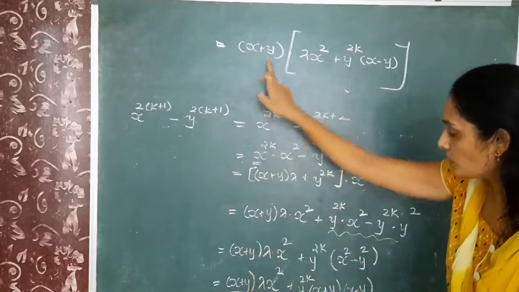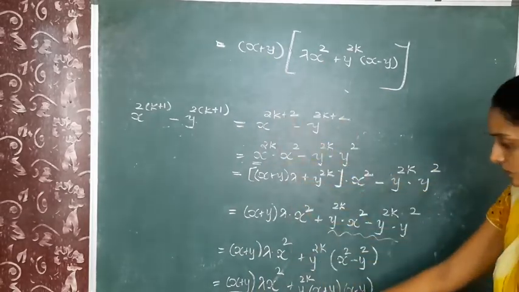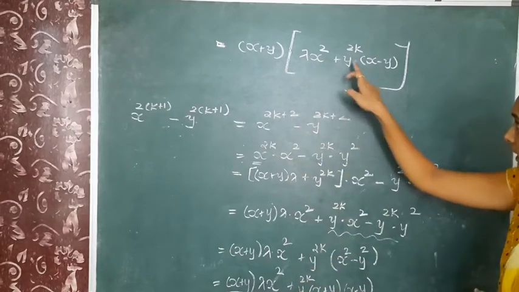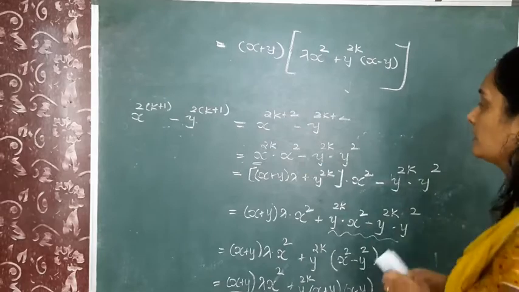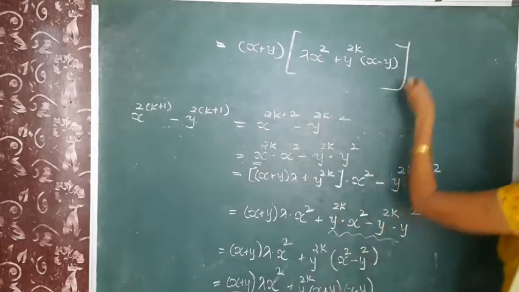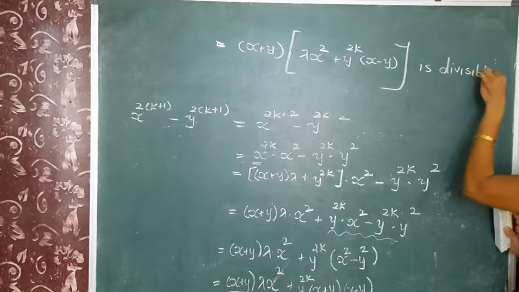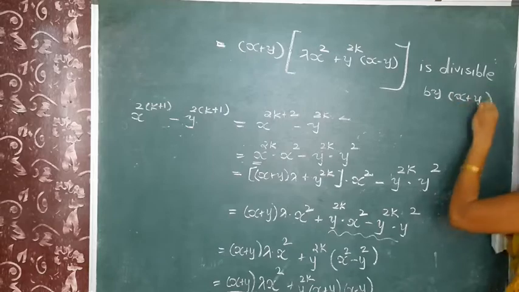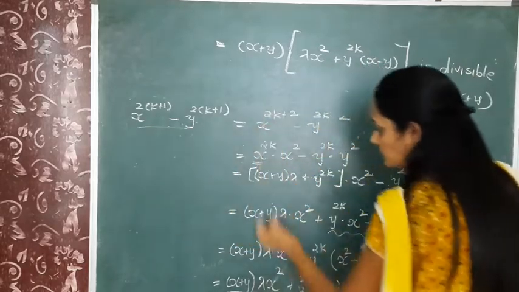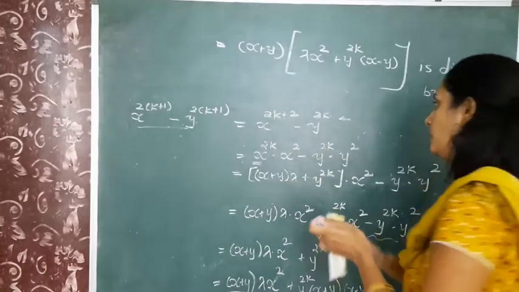X plus y is common, so here only lambda x square, and remaining term is y raised to 2k x minus y. And now we say that it is divisible by x plus y, because by simplifying these terms we get x plus y as one factor.